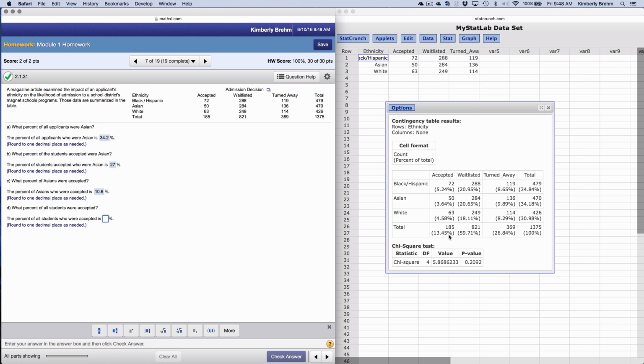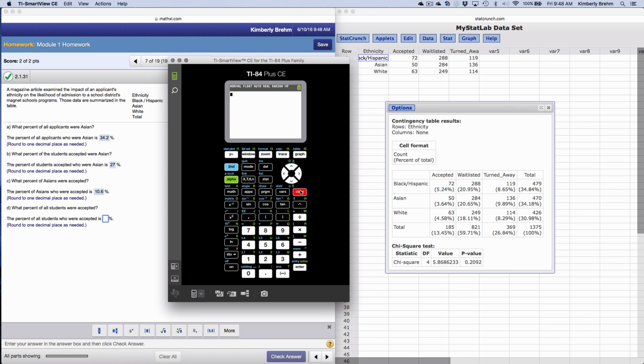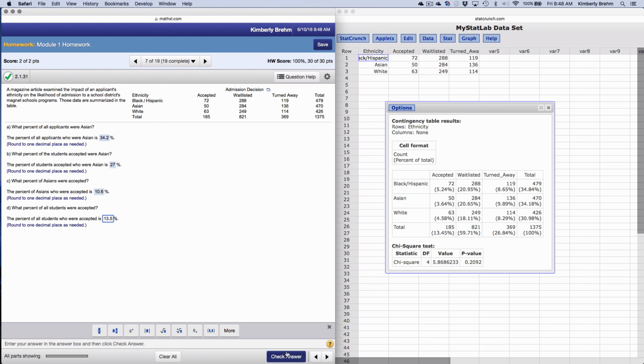If I round this, it's 13.5. So this one I would actually take my calculator and check. So just to be safe, because I don't want to have to do that whole question again, I'm going to do 185 divided by 1375 just to make sure that I'm rounding it correctly to one place, and it's going to be 13.5.